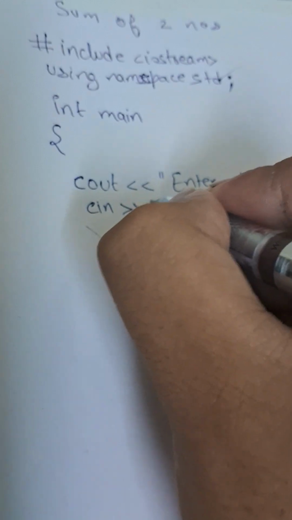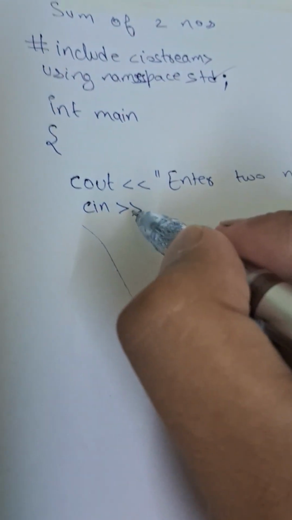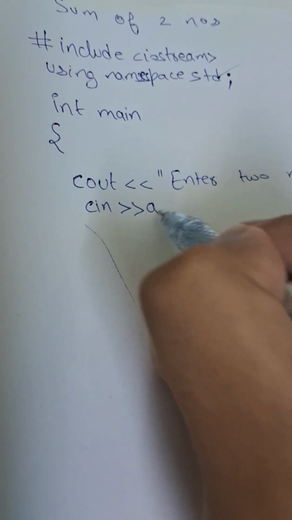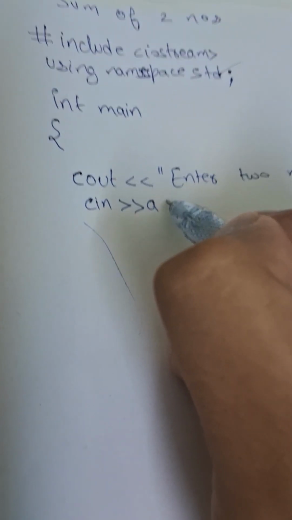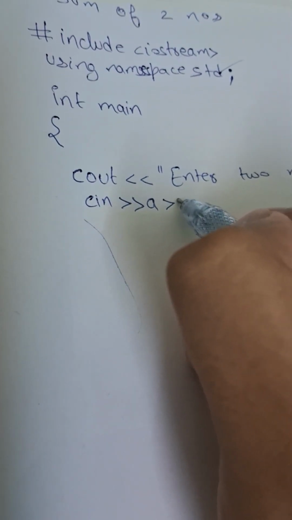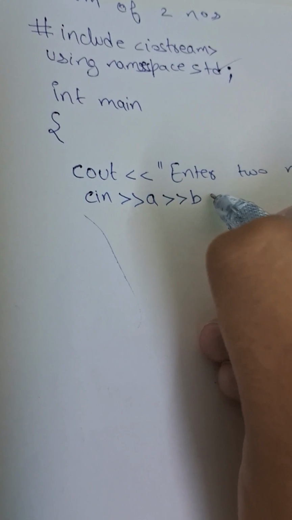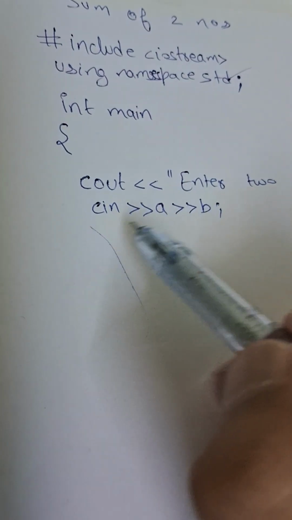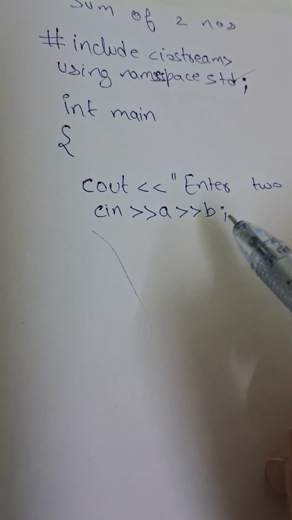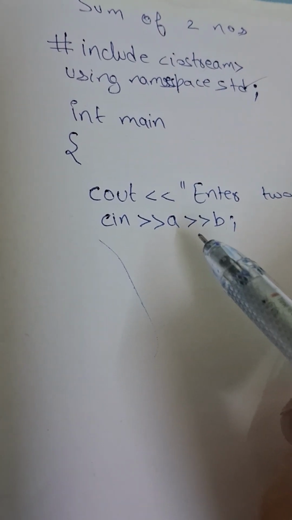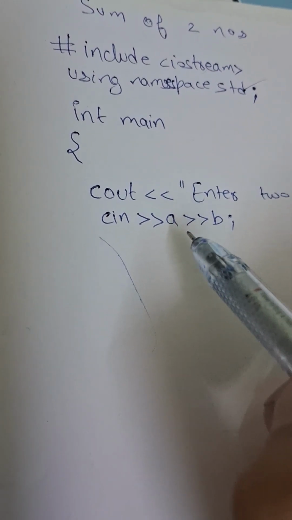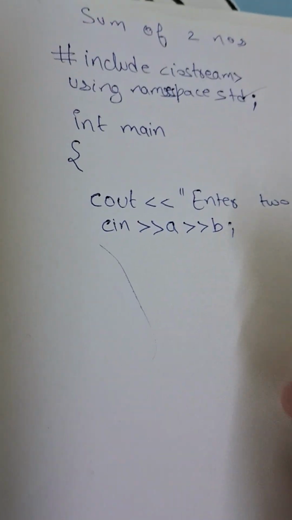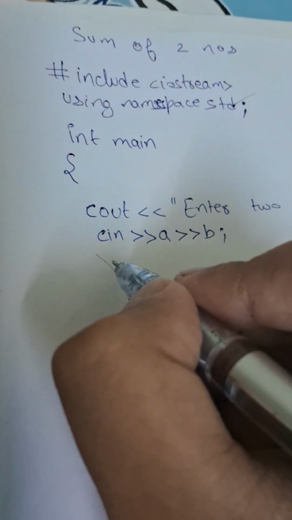This is also a sign that we use in cin, and these are the variables, two variables. You should know that cin is written like this.